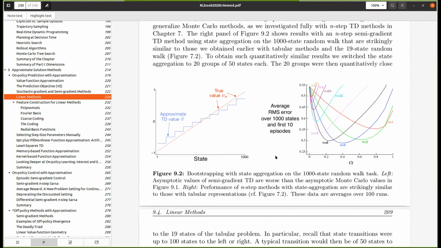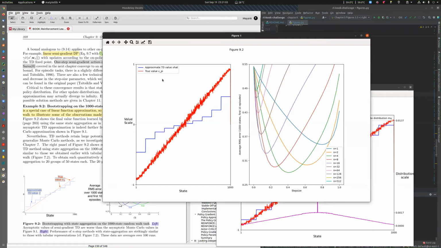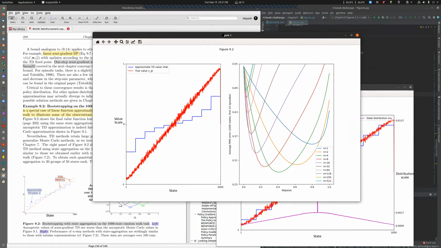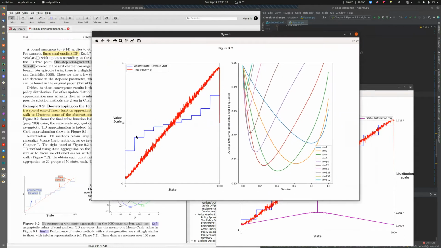Let me try to share the figure that I had. Yeah. So I hope you can see this. So yeah, these are the steps that we can see.